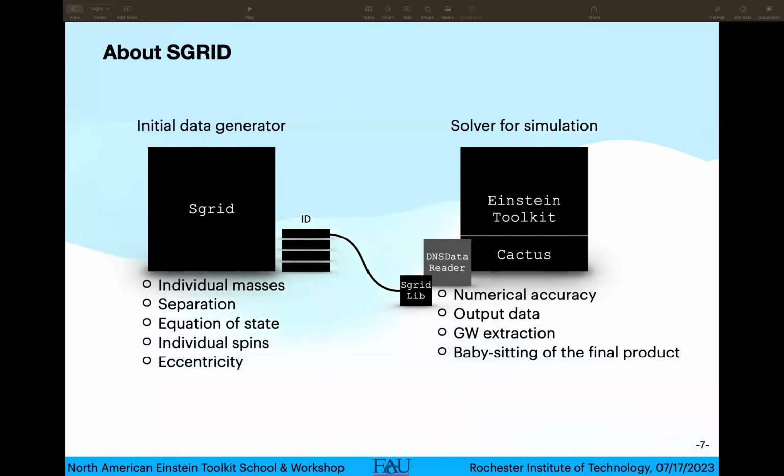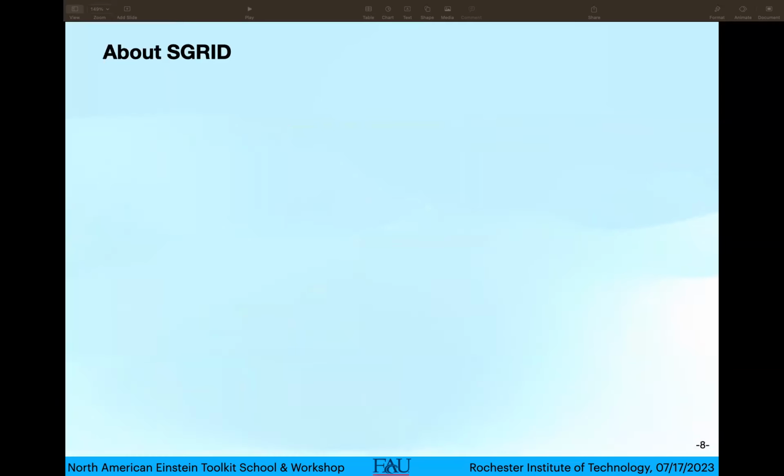So that's the basic idea. And I'm going to go back to this slide later on, but before, let me say a few words about sgrid itself. Let me give you some kind of flavor about the details of this initial data generator.